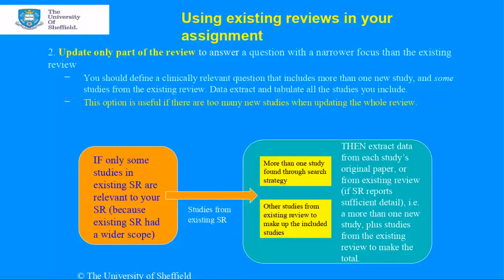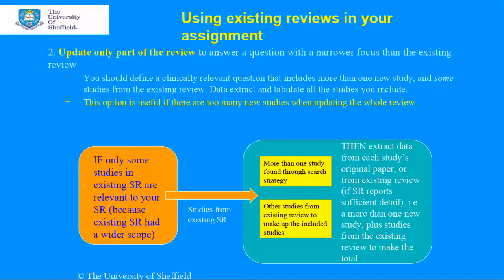The alternative, as we say, is to update only part of the review. So this is where only some of the studies in the existing systematic review are relevant, perhaps because the existing systematic review had a wider scope, and that you've found more than one study through your search strategy, and that's put alongside other studies from the existing review to make up the included studies.